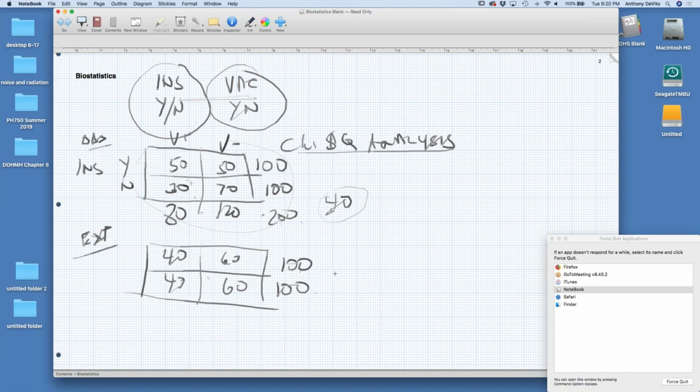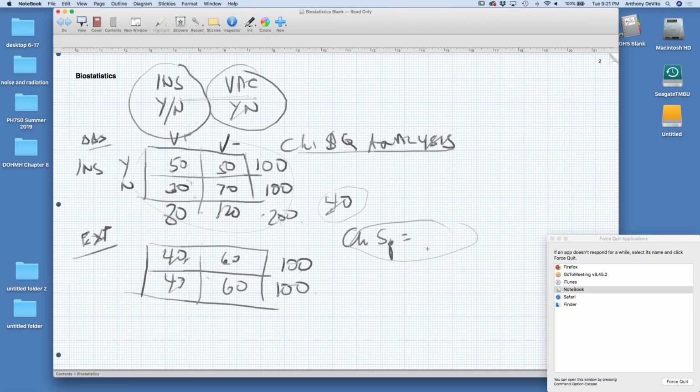These are expected values. And we know in chi-square what we do is we take the difference between the observed values and expected values for each of these boxes, square that, then divide by the expected values, do that for each of the 4 values, and then we add them up to get a chi-square value, right?